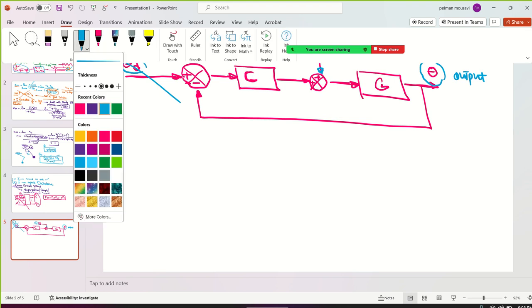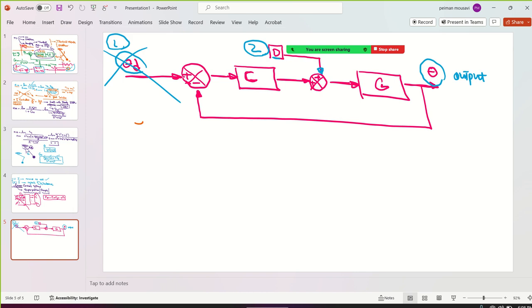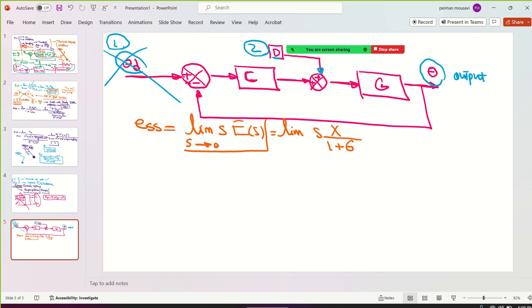Simple. Superposition. Guys, remember I told you ESS by the final value theorem is the limit of s E of s. Do you remember this? Which was the limit of s as we defined, 1 over G. I do care about this part now. Now you have Y of s here, the output of the system.